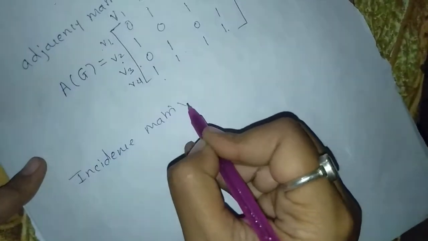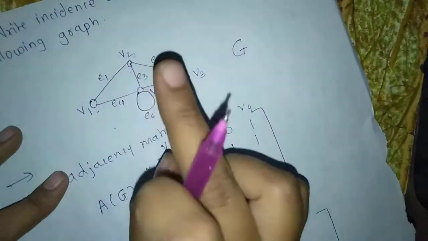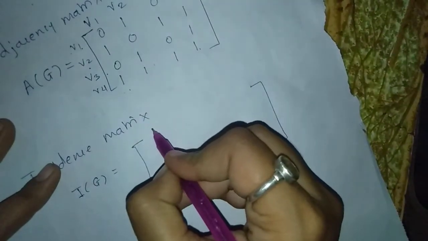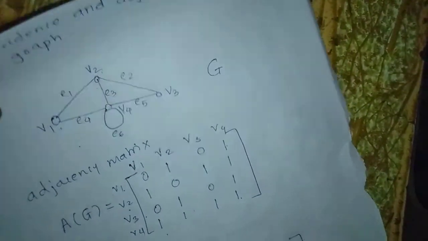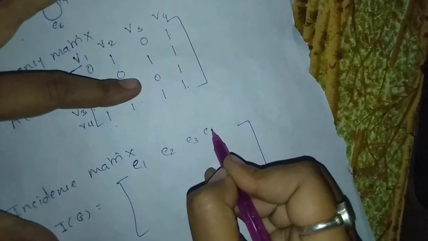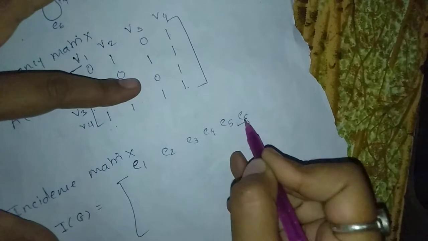Incidence matrix I of G is equal to: first, row-wise write down the edges E1, E2, E3, E4, E5, E6. The total number of edges is six.